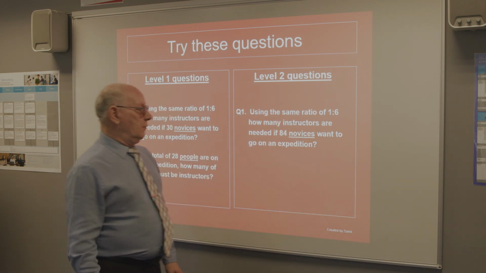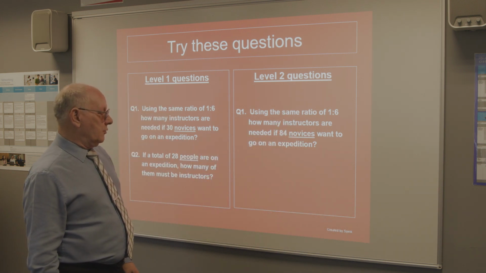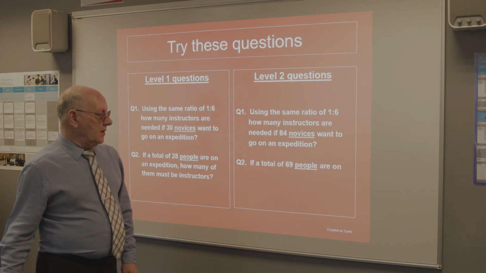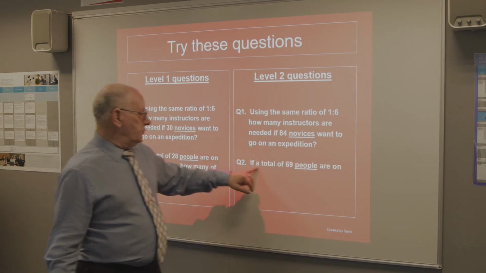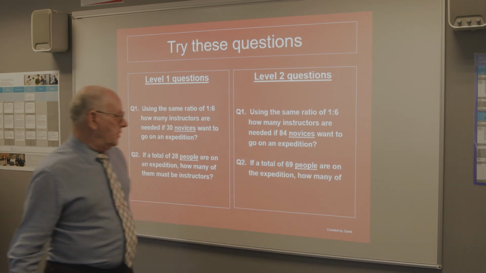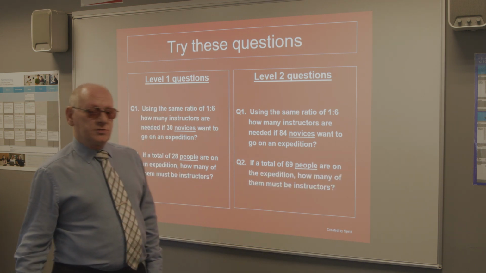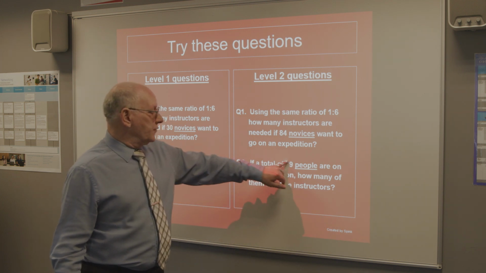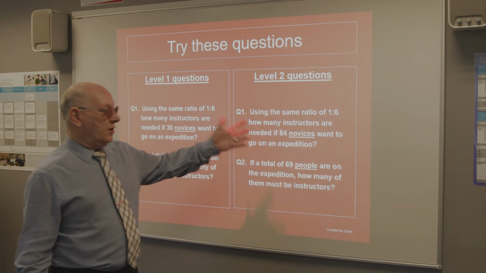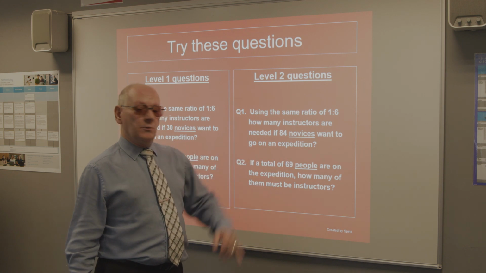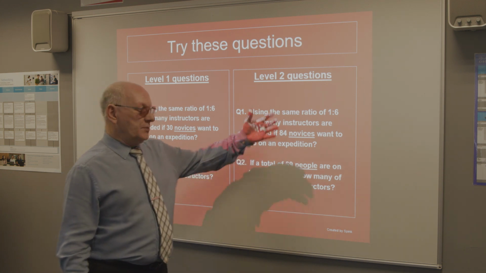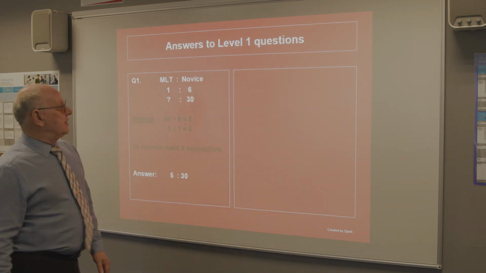See if you can do it until the working out comes up. And here's number 2 for level 2. If a total of 69 people are on the expedition, how many of them must be instructors? Again, we've got the total. Add the parts, divide the total by the number of parts, and then multiply as you need to.